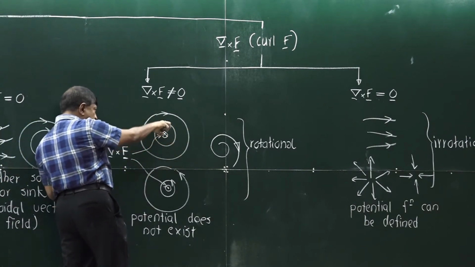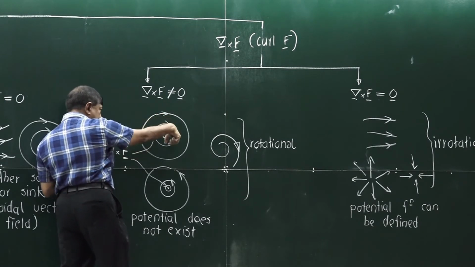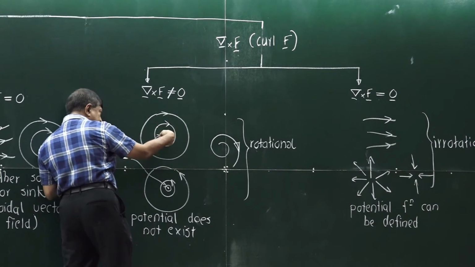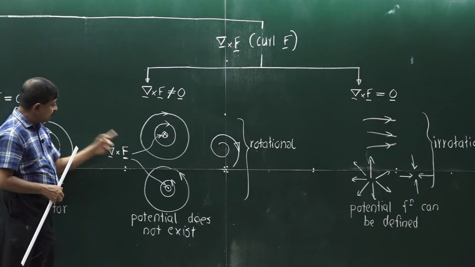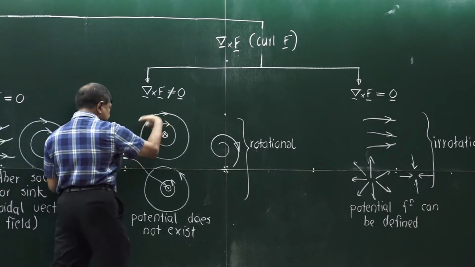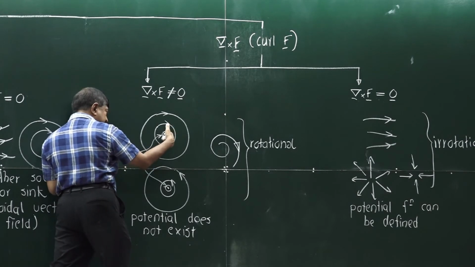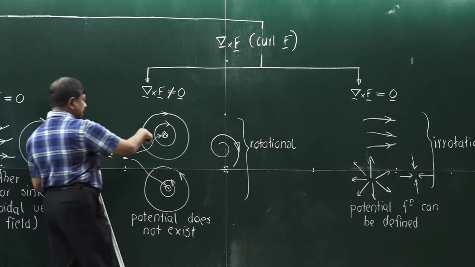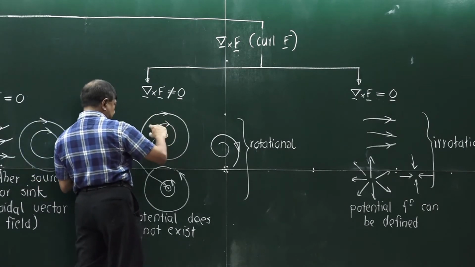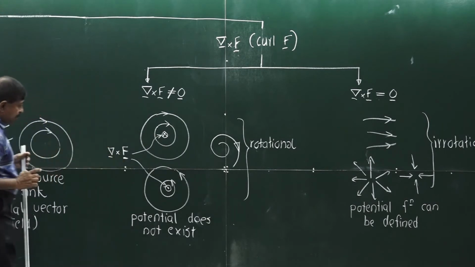If you take a screwdriver and rotate it in the clockwise direction, the head moves inside. So, that direction is given by curl F. In this case, if you find curl F, you get a vector in this direction, which means there is a rotation, and you know exactly the rotation: it is a clockwise rotation according to this problem.